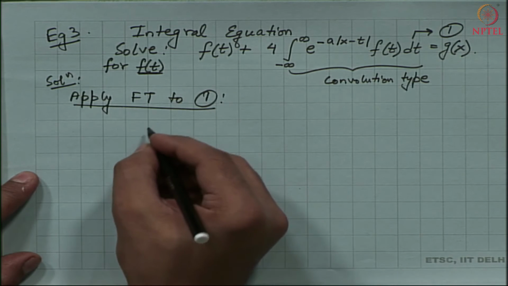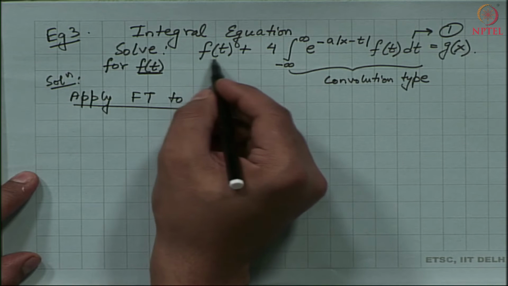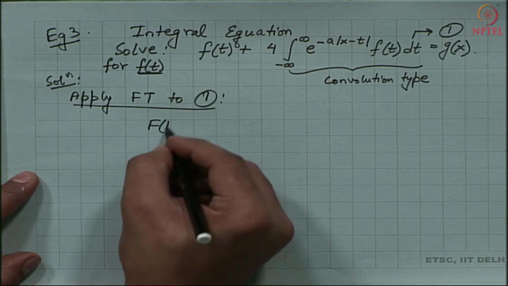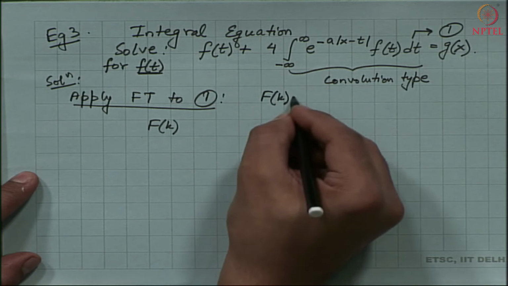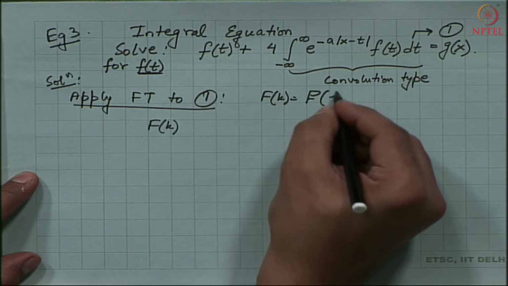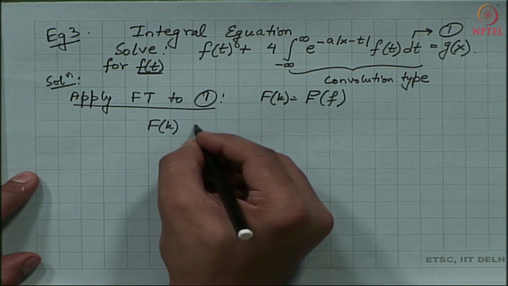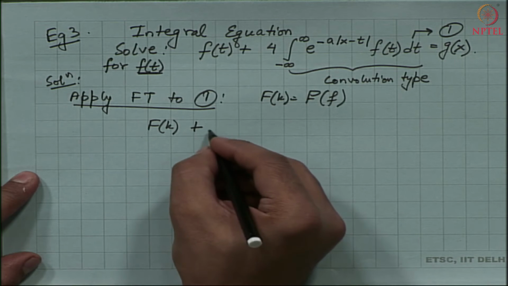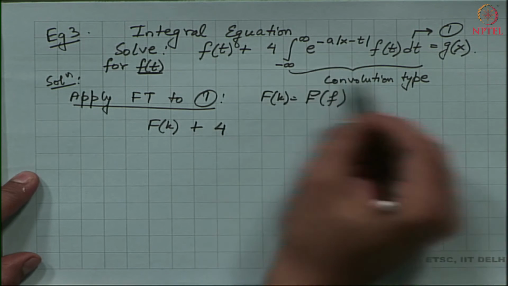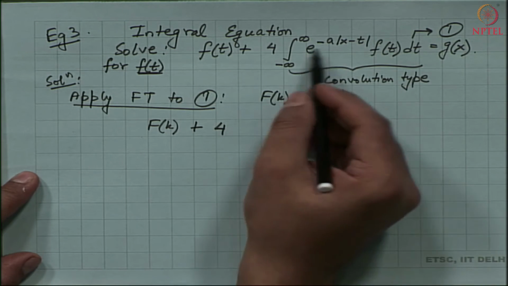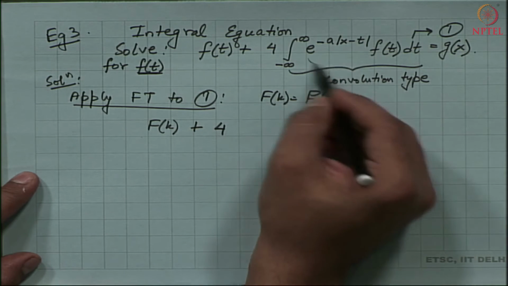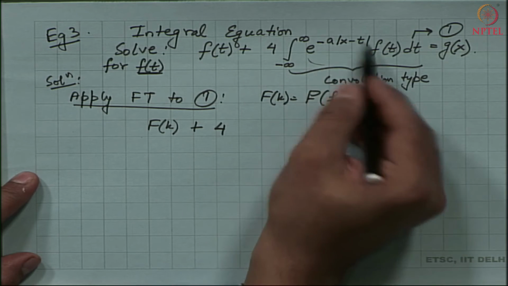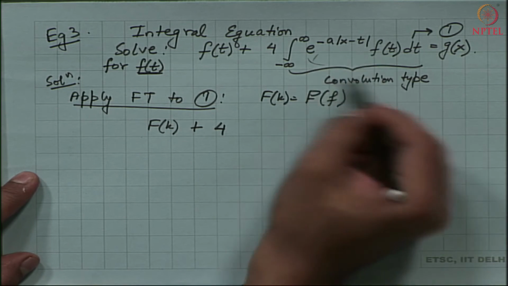right. For the first term I am going to get f of k, where f of k is the Fourier transform of small f. Plus I get 4 times, notice that this is a convolution. All I have to do is figure out the Fourier transform of this function, which has already been done in the last few lectures, and take the product of the two Fourier transforms.